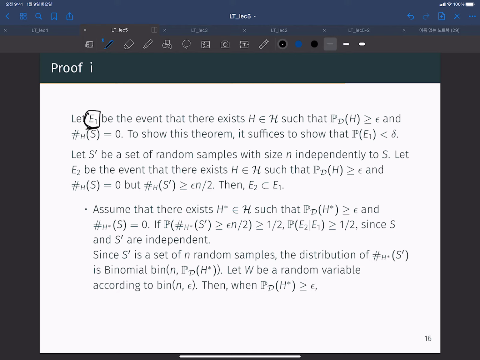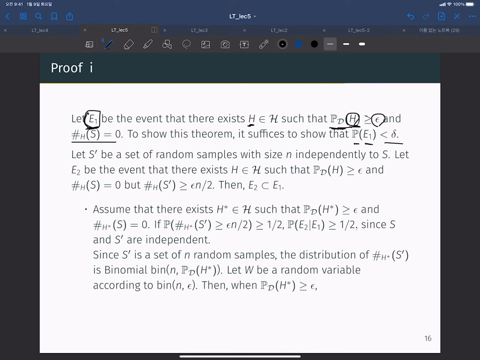E1 is the event that there exists a hypothesis H such that the distribution D generates a data point inside the hypothesis H with probability greater than or equal to epsilon, but for the n samples, there is no such element from the hypothesis H. To show this theorem, it suffices to show that the probability of E1 is less than delta.